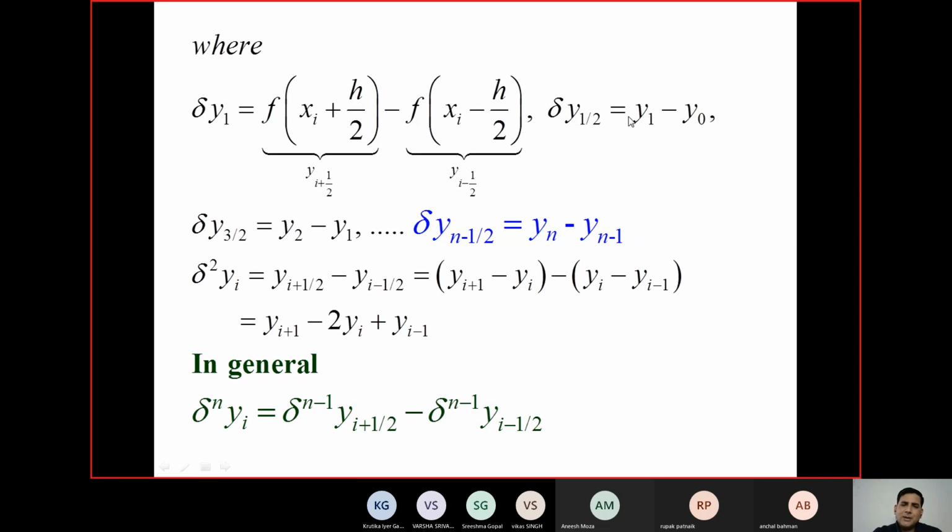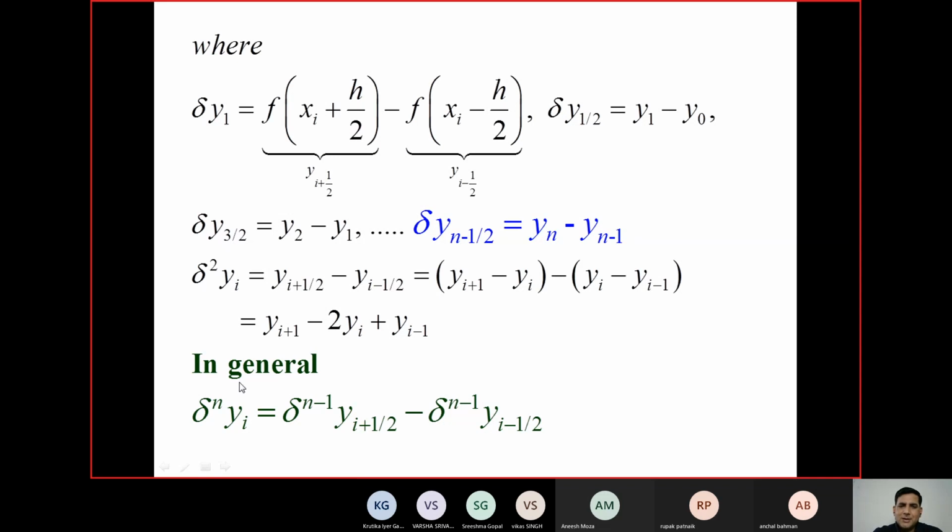Here this first value is called y1, and this value is called y0. This is the nomenclature given for y0. When you are calculating delta 3 by 2, you will come to know where this 3 by 2 and 1 by 2 are coming from. You will see it from this general table.